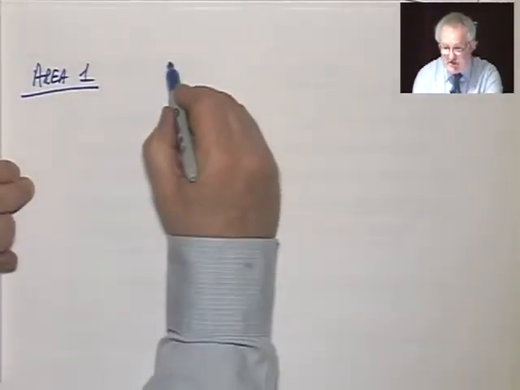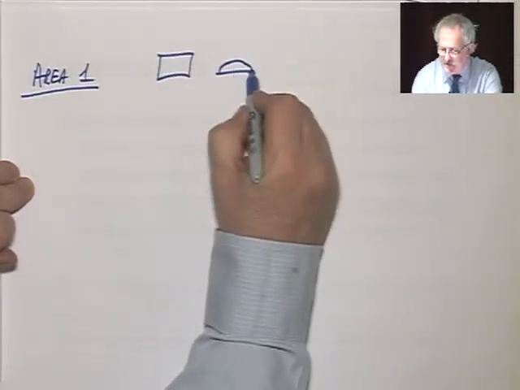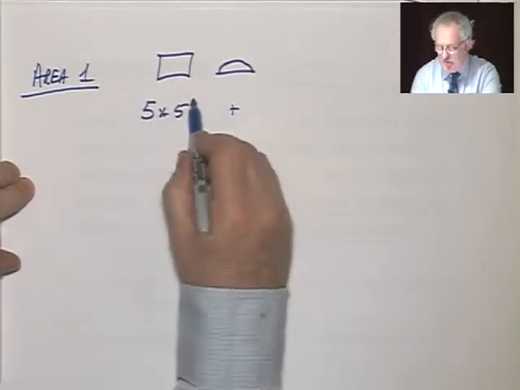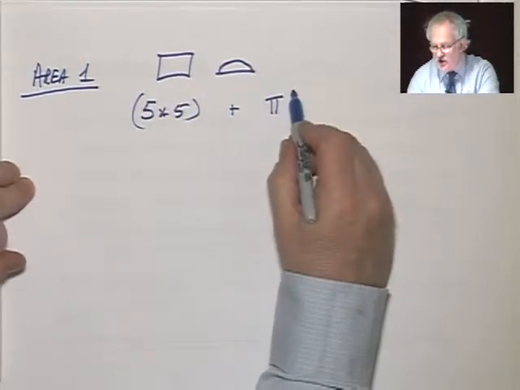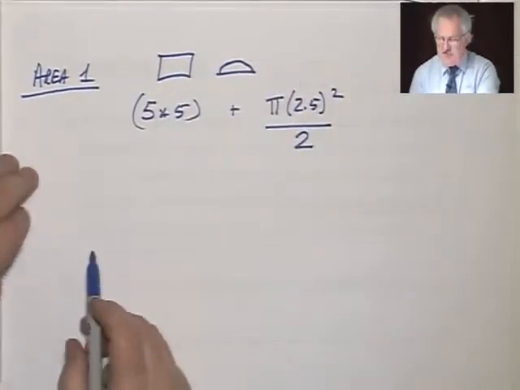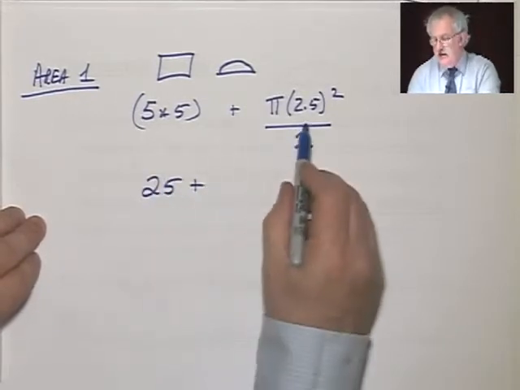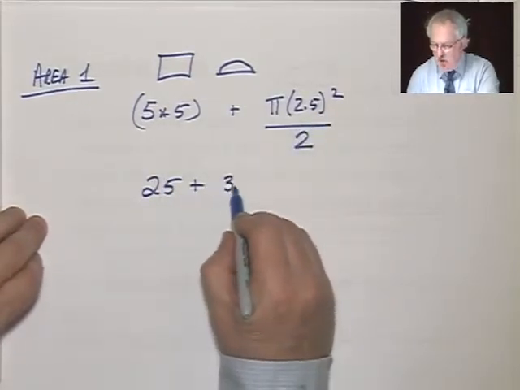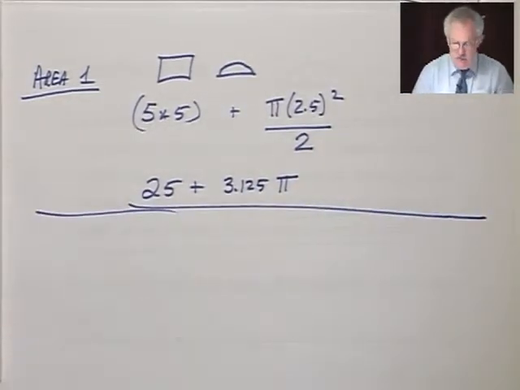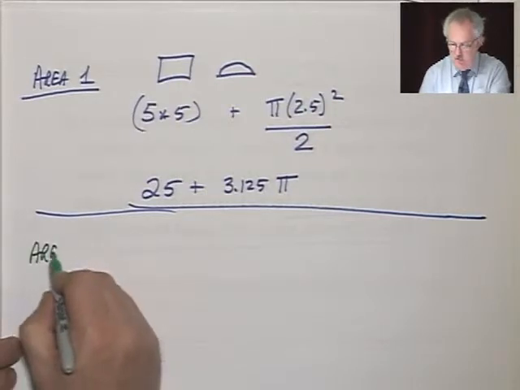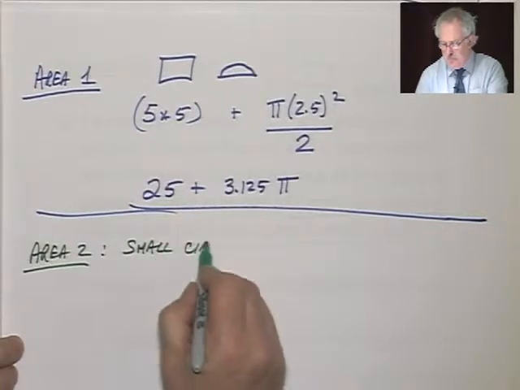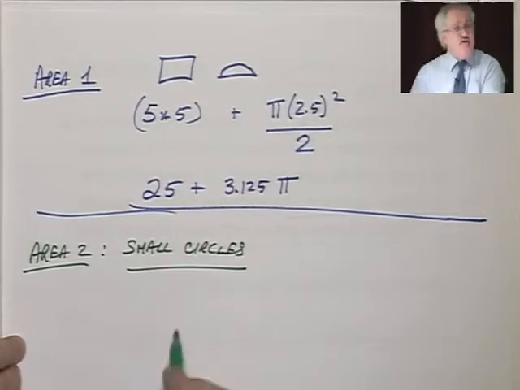So if we look at area 1, it is the composite, which was the square plus the semicircle, and that turned out to be 5 by 5 plus pi r squared, which was 2.5 squared over 2, because it was a half circle. 25 plus 6.25, or 3.125 times pi. Now area 2, small circles. Each of those was pi.